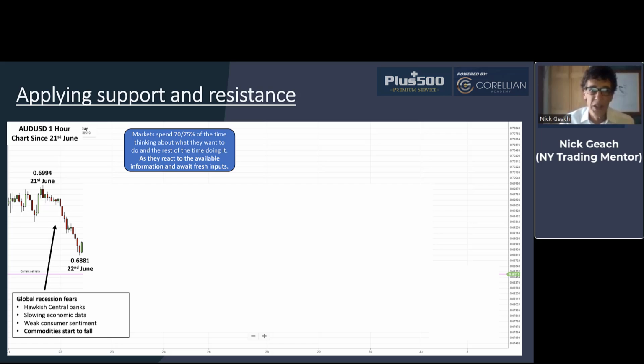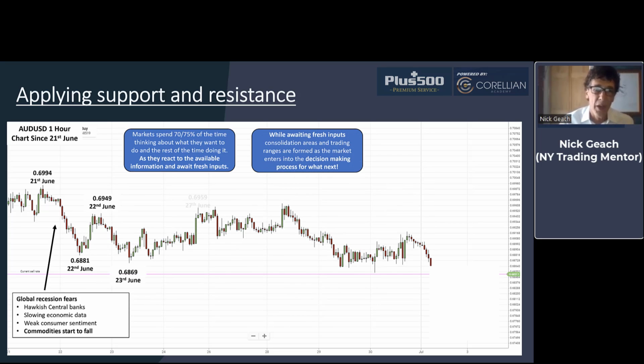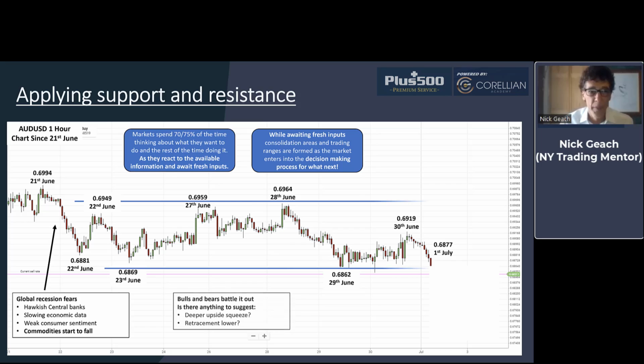So I think the first thing I want to note is that the way markets and prices evolve is that the majority of time, perhaps as much as 75% of the time, is when markets are thinking about the actions that they want to take, and perhaps only 25% of the time actively executing those actions. Especially at the moment, with the focus on inflation, higher rates, and the impact that may have on regional and global economic activity, this is the cycle we're seeing playing out.